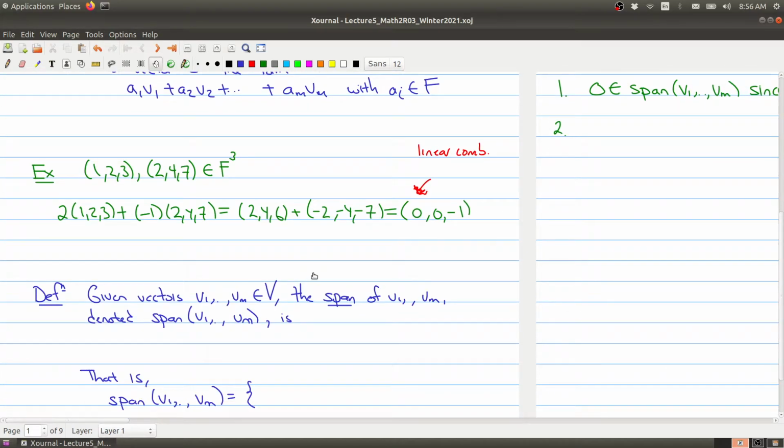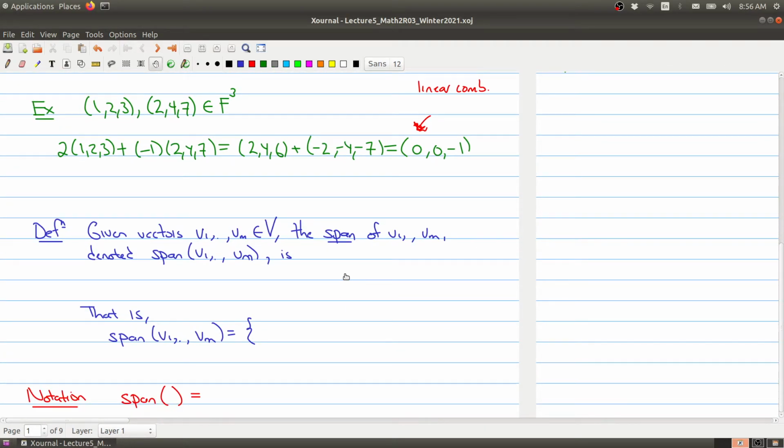Now, when we define the span, we basically want to take a collection of vectors and then take all the linear combinations of those vectors. That's what is going to be called the span. Given a set of vectors v1 through vm in V, the span of v1 through vm is the set of all linear combinations of v1 through vm.